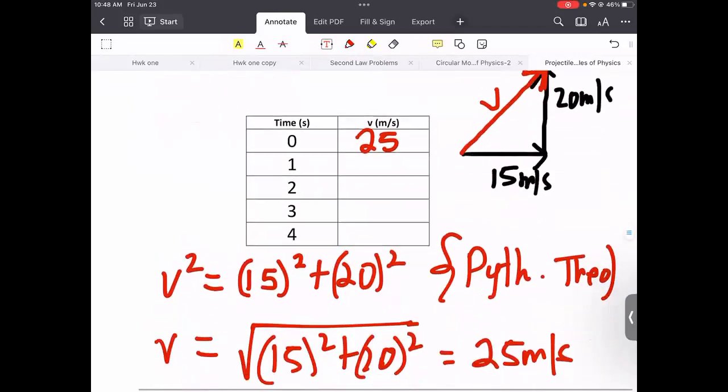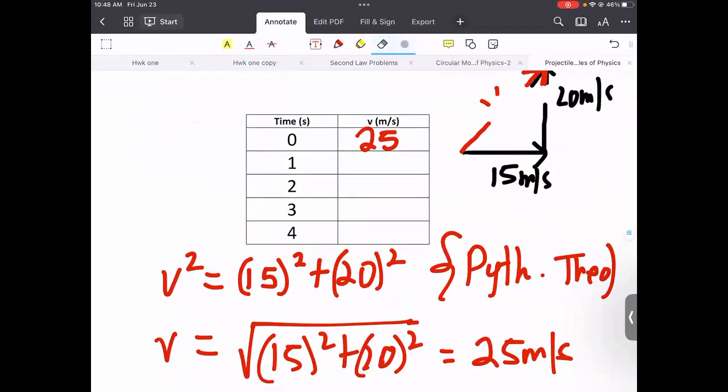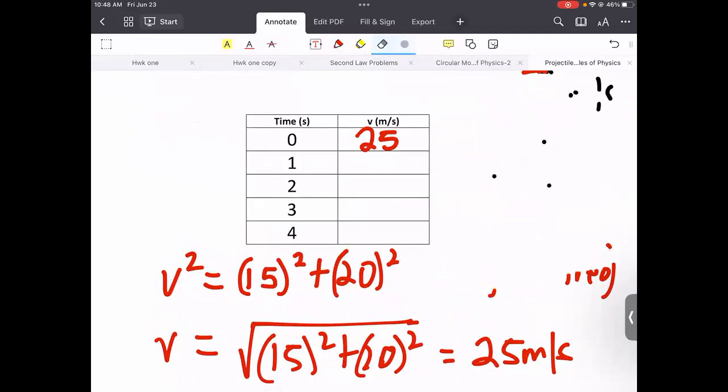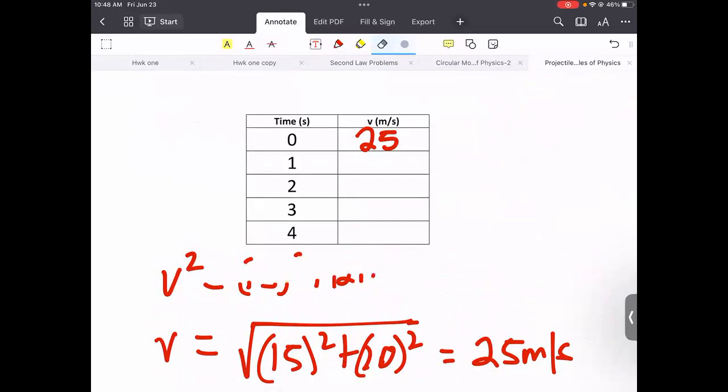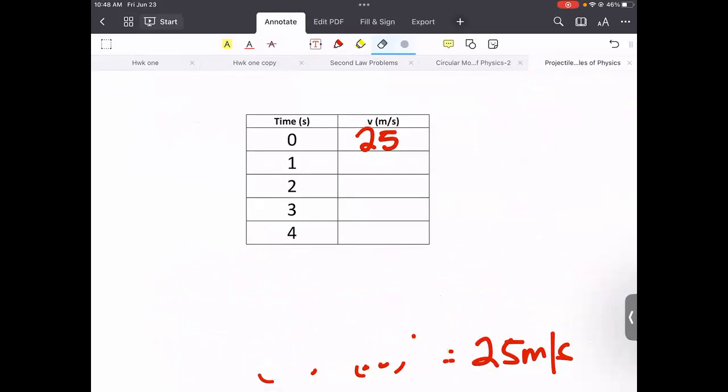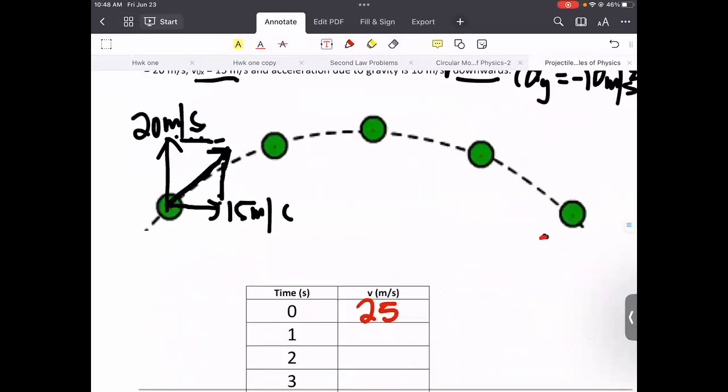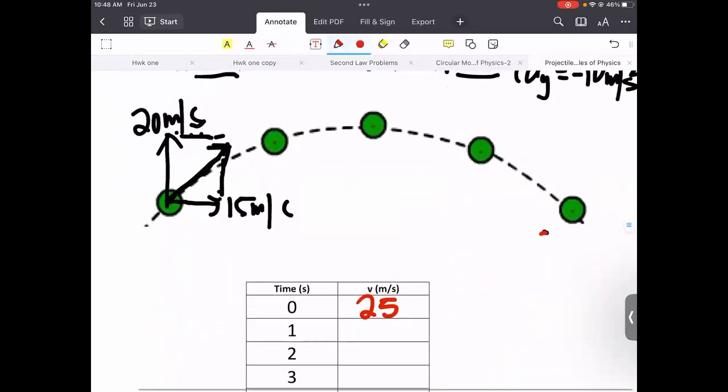So let me see. I don't have enough space, so I'll have to erase all this. I'll do all the way to maybe 2. I wish you could also try it and just finish this one. All right, so next, we just have to remember that the next vector, this will be 15, and this will be 10.